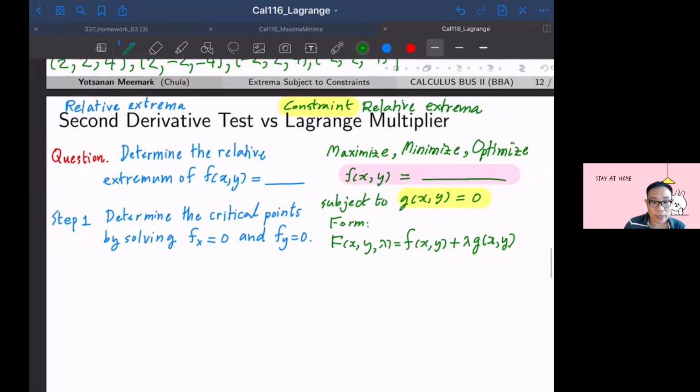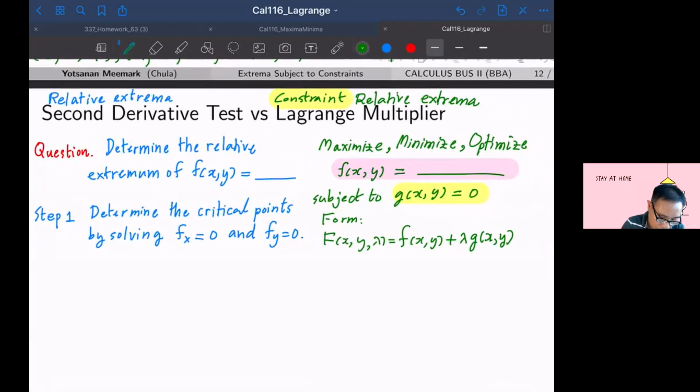I know that in your books you have a negative here. However, you can use positive or negative. In my feeling, the positive one will be easier in order to find F lambda. So in this case, I would suggest you use positive, a little different from the textbook. So this is step 1, okay?